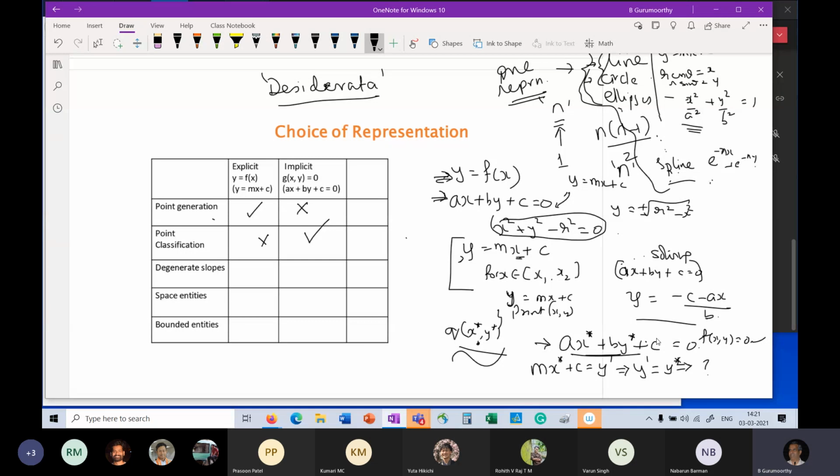The third item there is what we have called degenerate slopes. And this is something, again, you will encounter.